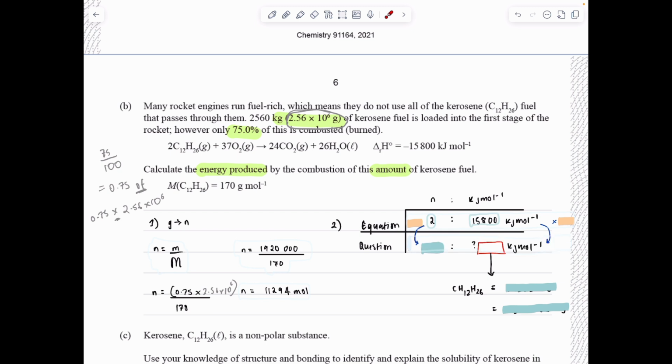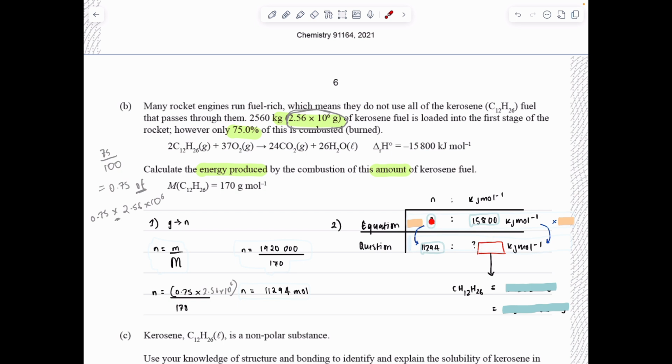So in the question, how many moles of kerosene is specifically used? Well, we've just calculated that here, so we can plug that in. Now, how much energy does this produce? Well, we don't know. That's what we're trying to figure out.